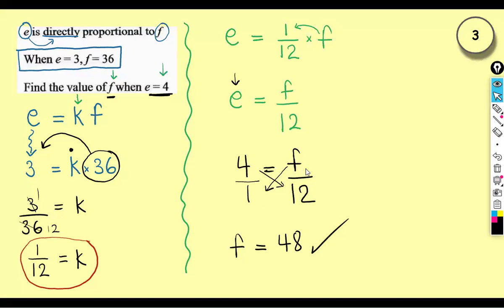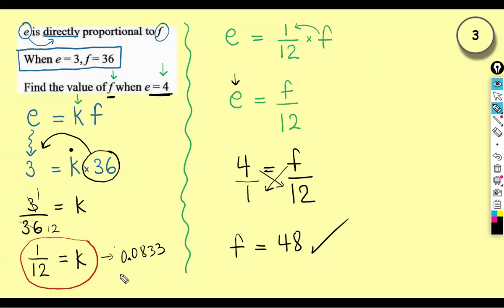Now remember, for the value of K, I used 1/12. I know some of you still went ahead and used the decimal. Let me get my calculator here. 1 divided by 12 is, as you would have seen on your calculator, 0.0833 or something like that.